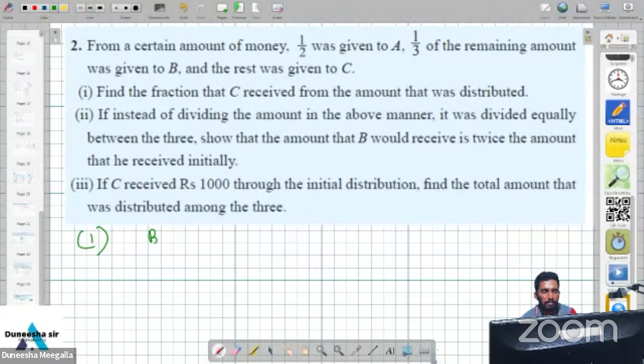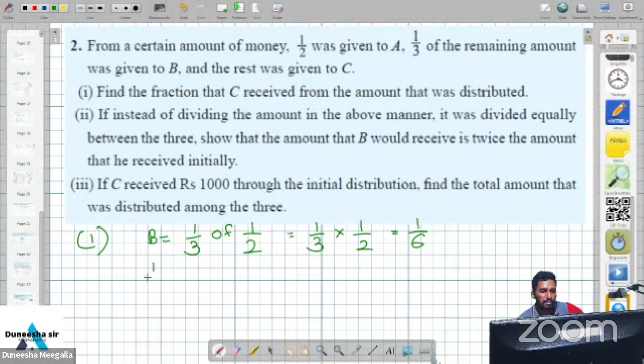B, how much did B get? 1/3 of the remaining, which is 1/2. 1/3 multiplied by 1/2. How much? 1/6.